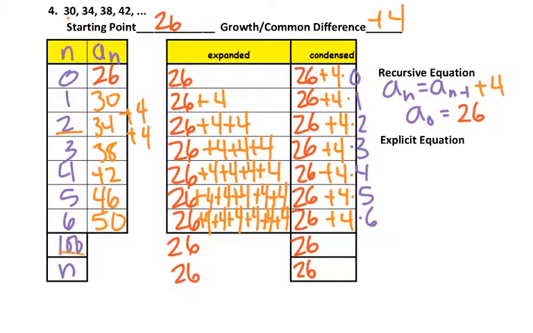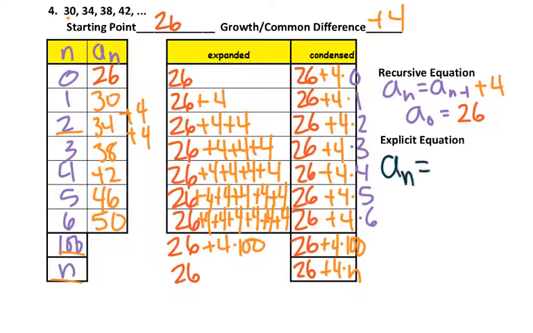And if we did it 100 times, we would add 4 100 times, right? Which is 4 times 100. And if we did it n times, we would add 4 n times. Okay, so again, the formula we should note is that we've got a sub n equals, actually let's do it in a different color.